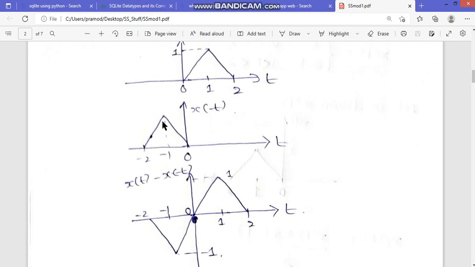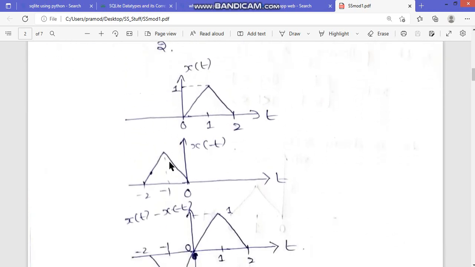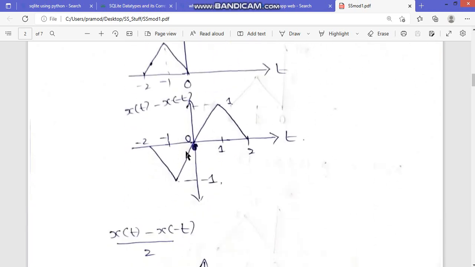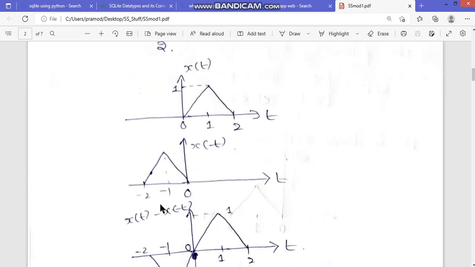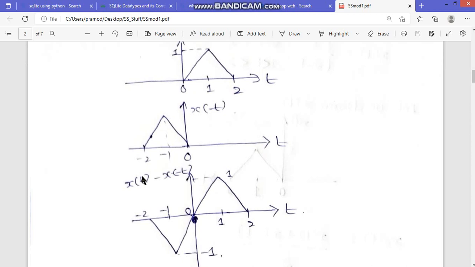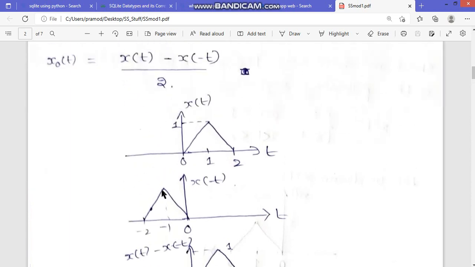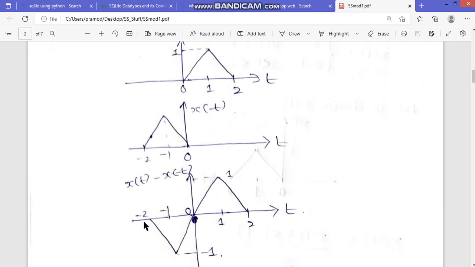Whenever you get this kind of operation, you have to reflect this signal in the y-axis, not in the x-axis. 0 minus this signal is minus of this signal, so it gives a negative amplitude. If it is positive, you will get negative amplitude. If it is negative, you will get positive amplitude. I hope you are understanding. There is no confusion in that. 0 minus some value is minus that value.